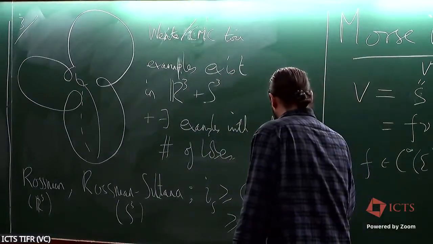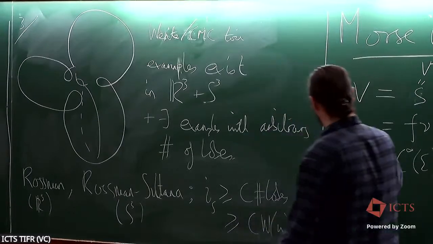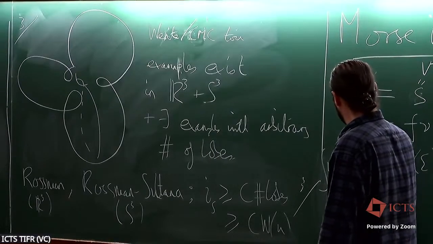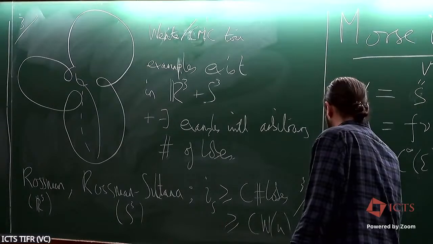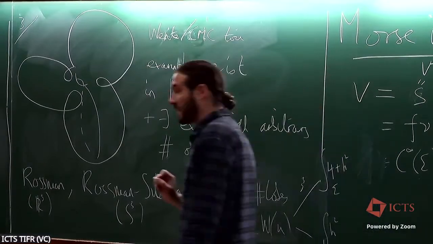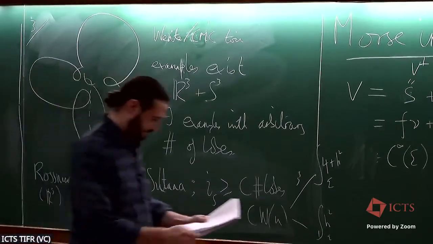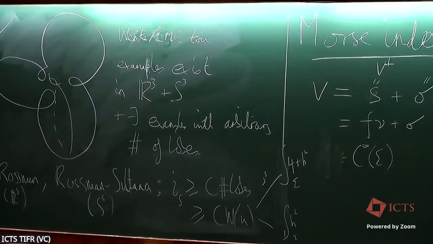So now there's a subtlety. When we're in S3, the Willmore energy looks like the integral of 4 plus H squared. And when we're in R3, it's still the integral of H squared. All clear so far? Good.